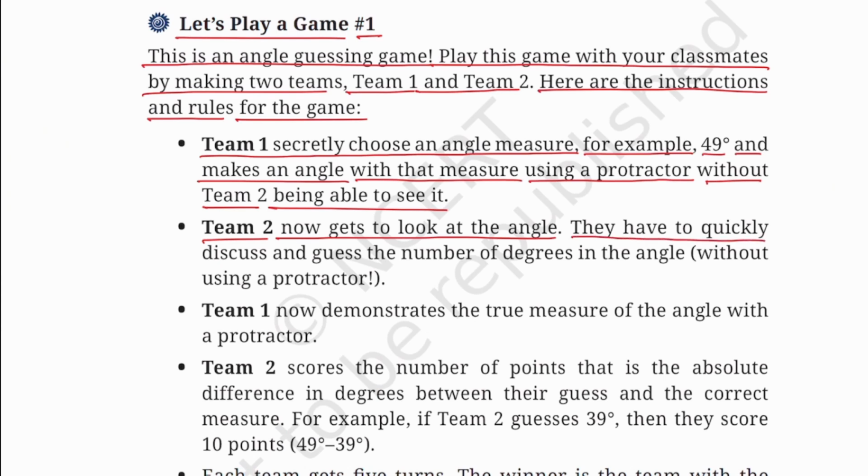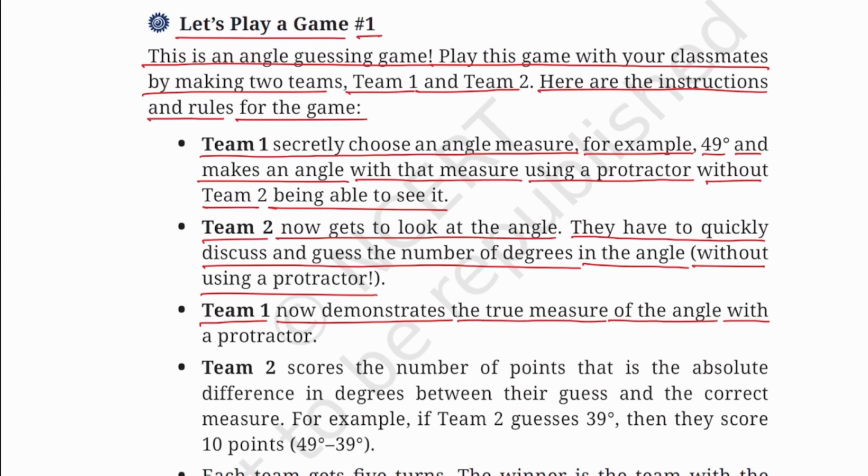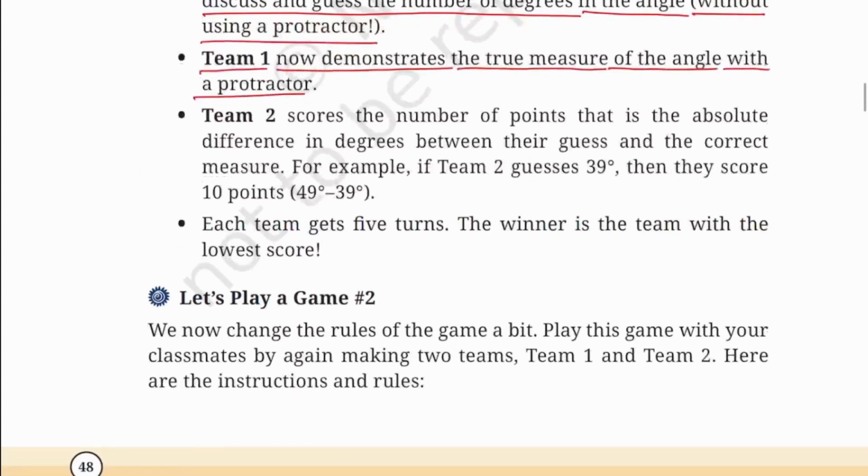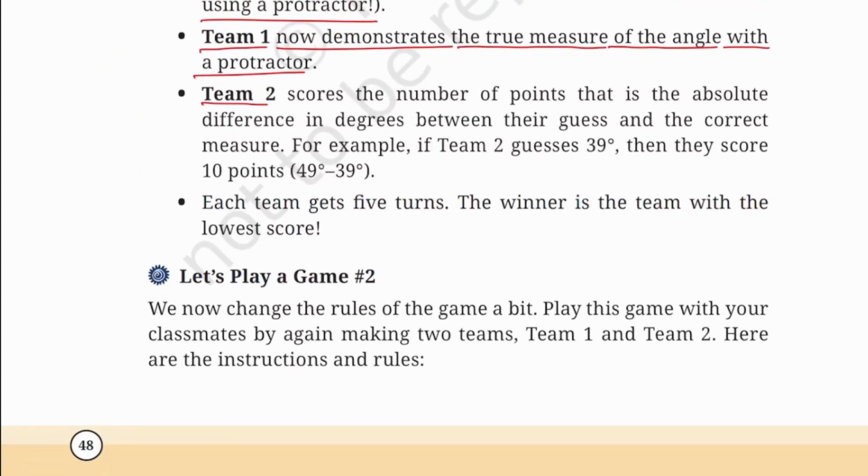They have to quickly discuss and guess the number of degrees in the angle without using a protractor. Team 1 now demonstrates the true measure of the angle with a protractor. Team 2 scores the number of points that is the absolute difference in degrees between their guess and the correct measure.